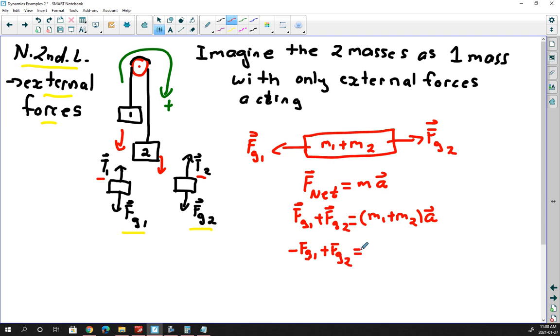And that equals m1 plus m2, the mass of this imaginary object, and we're dropping the vector notation. Well, the force of gravity on the first object is simply m1g. The force of gravity on the second object is m2g. So let's finish off the equation here.